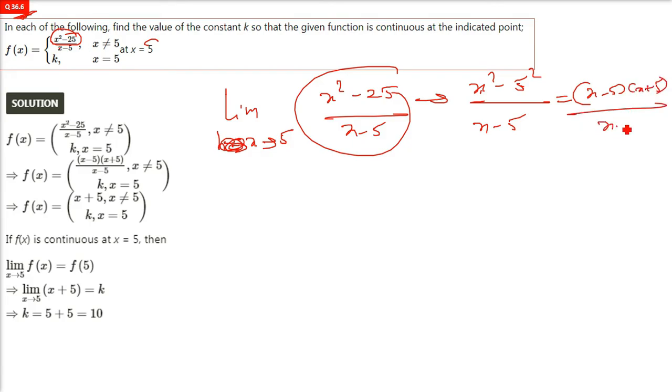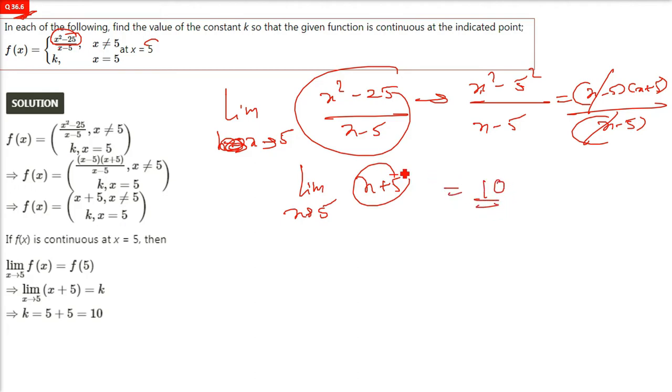You can cancel the x minus 5 and x plus 5 will remain. Applying the limit x tends to 5, it is going to be 5 plus 5, which is 10. Now this has to be equated to k, because the value of the function at 5 is k. So k is 10. This is your answer.